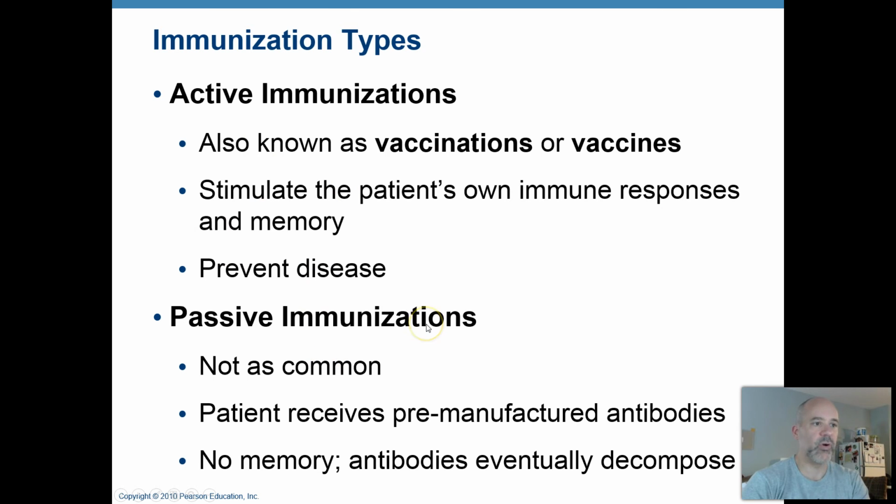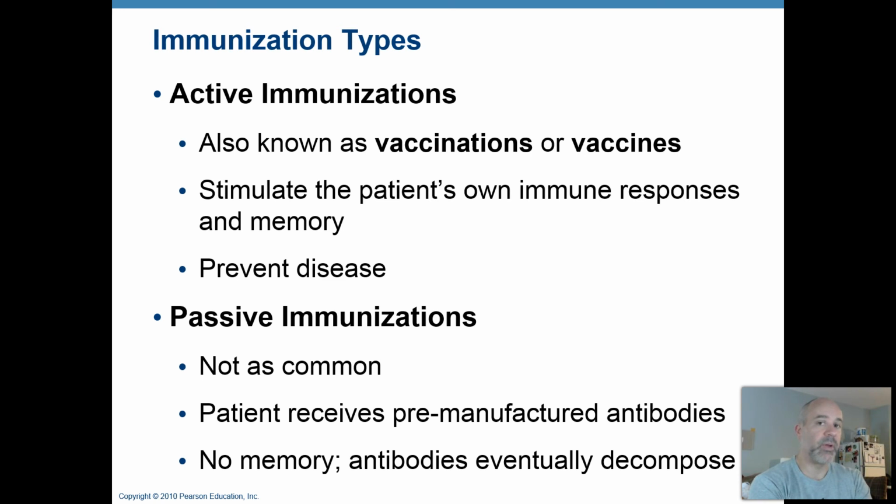Passive immunizations are not as common, and this is often where you've already been exposed to a pathogen. It's in the process of making you sick, like say the rabies virus. You don't have time to wait around for your own immune system to make its own antibodies to help you clear out that virus. So instead, you are given pre-manufactured antibodies.